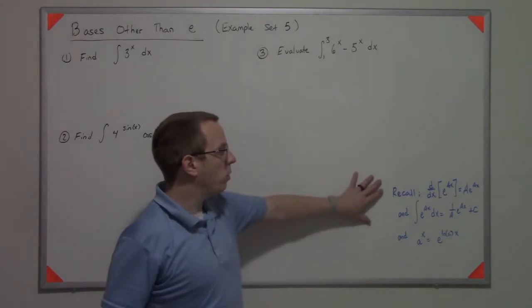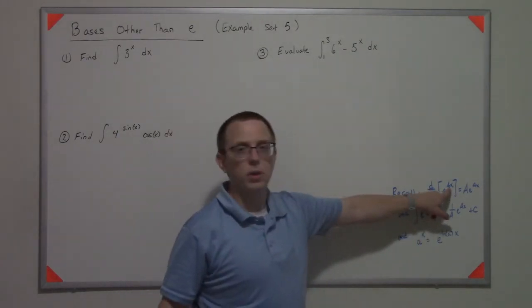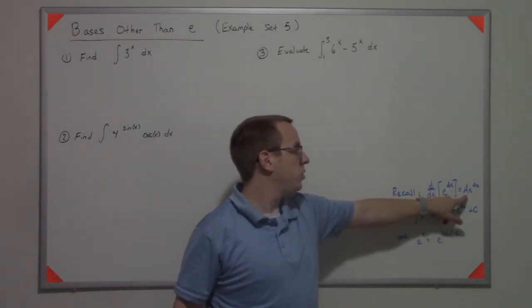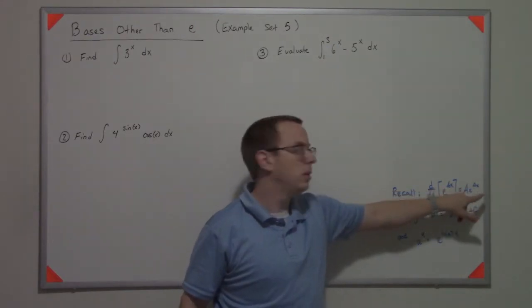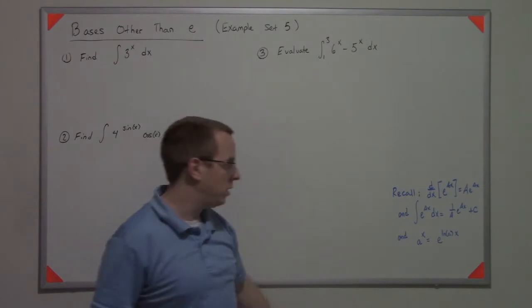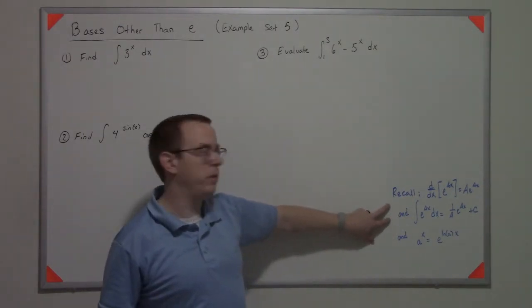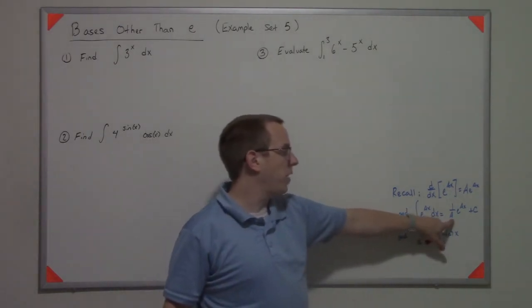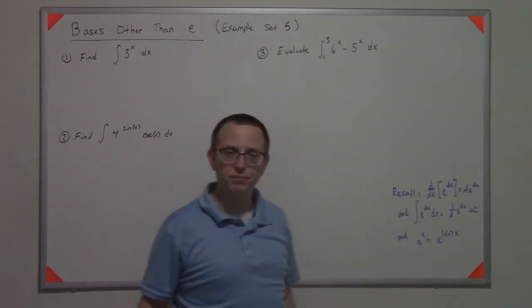If we recall that the derivative of e to a number times x is just that number times e to that number times x, so that constant replicates itself, then we can get an antiderivative by dividing by that constant instead of multiplying.